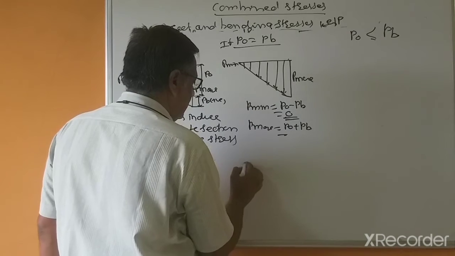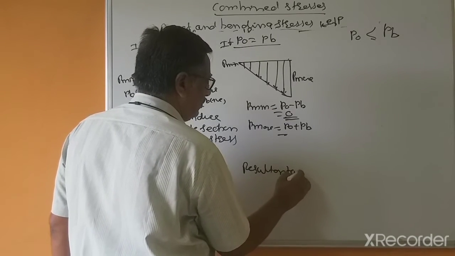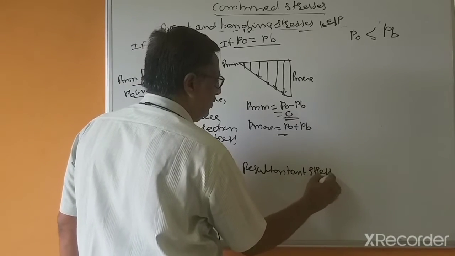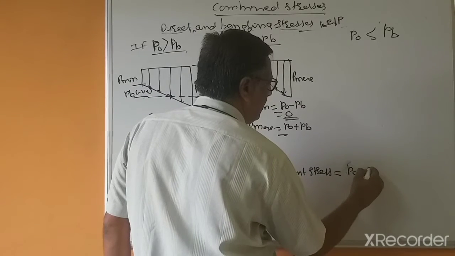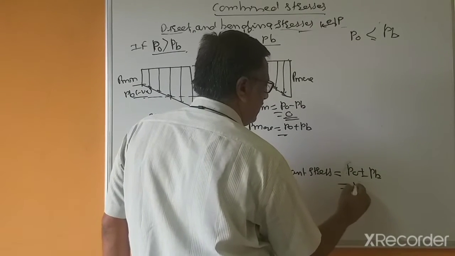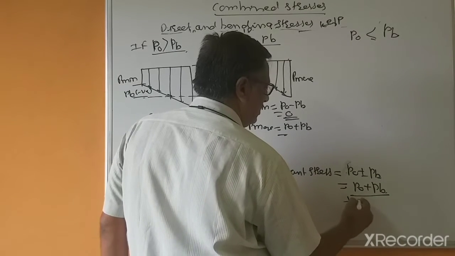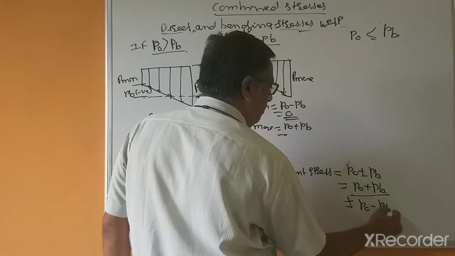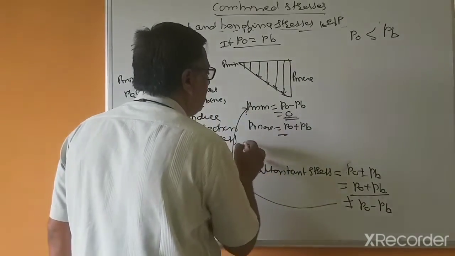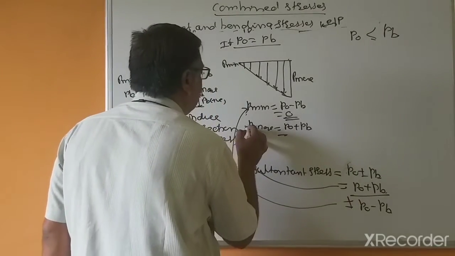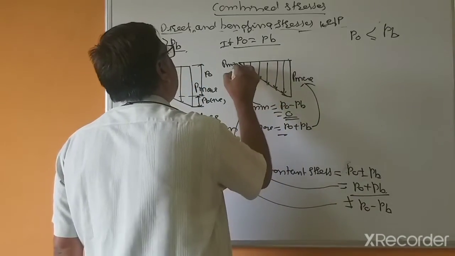Resultant stress equal to direct stress plus minus PB. So maybe plus or maybe minus. So this minimum is the second case and this is the maximum. So this is equal to this and this is equal to this.